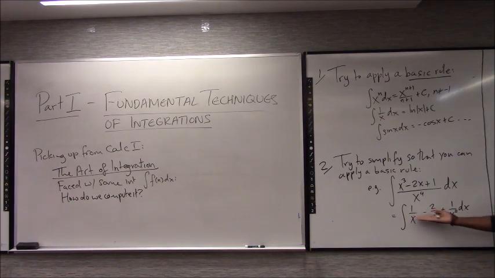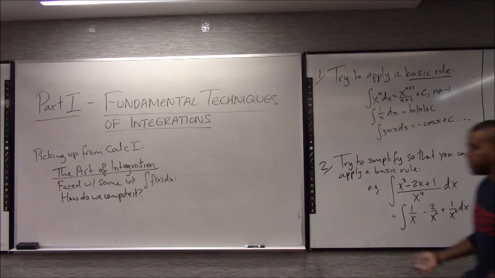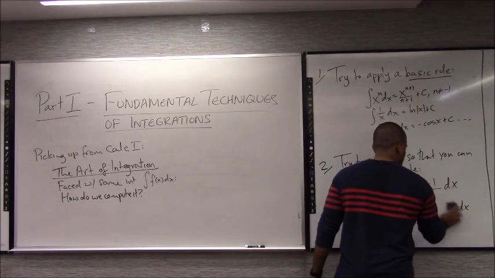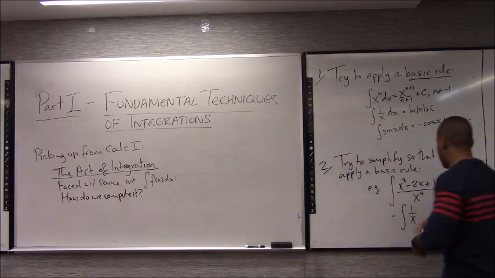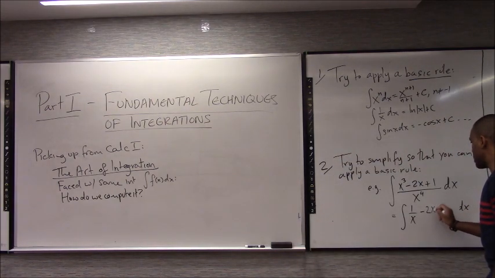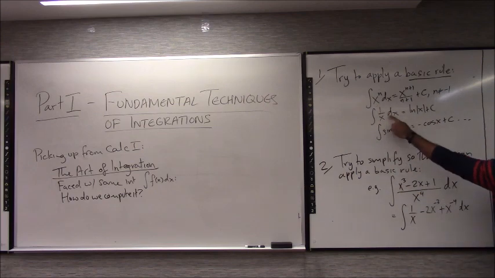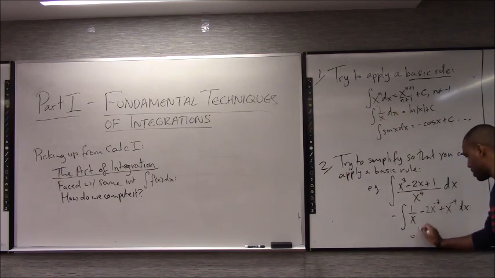And now that looks like a basic rule. Well, I mean, you rewrite it a little bit. So I'd write this as 2x to the minus 3 plus 1x to the minus 4. And now you'll notice that these two parts here look like that, and this looks like that. So I can now apply a basic rule to figure this out.